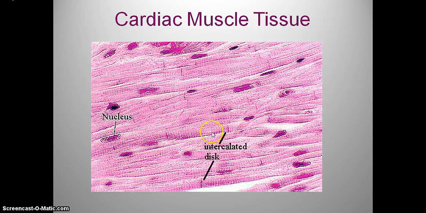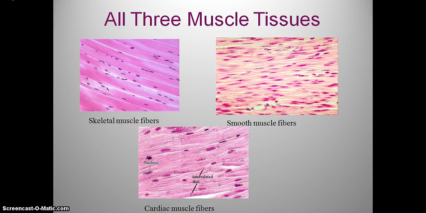Another thing are those lines, but also intercalated discs right here. Nevertheless, what I'd like you to think of is overall shape of the muscles. The cells are elongated, fiber-like, and now you have a really nice comparison of all three.